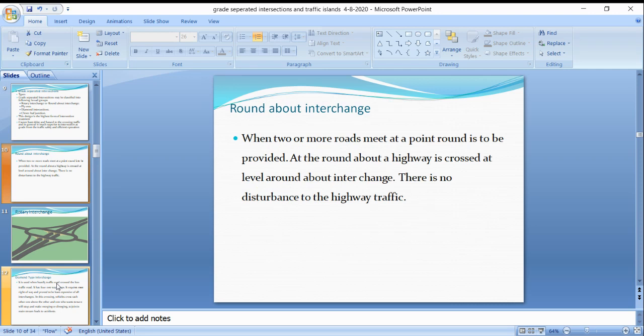When two or more roads meet at a point, a round, you can say a circle, is provided.